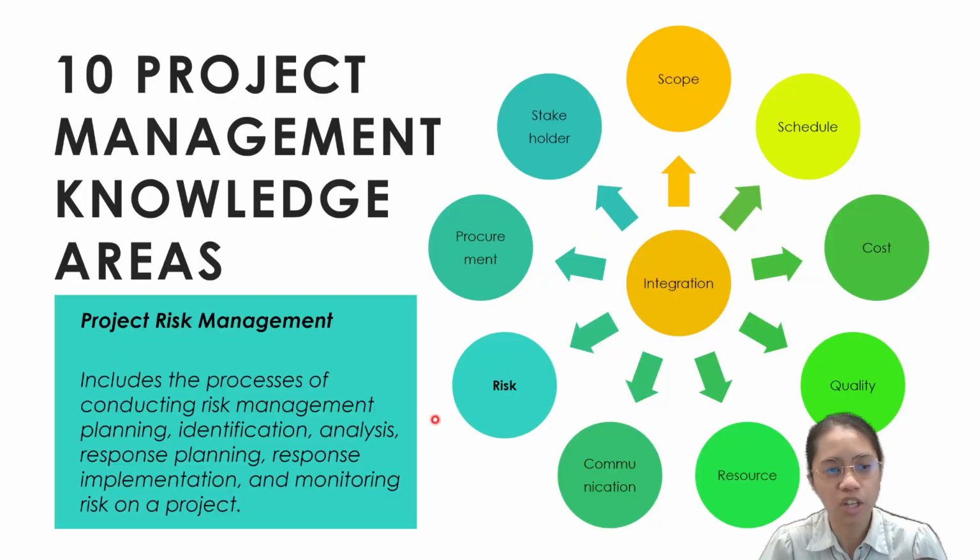Next, project risk management. This includes the processes of conducting risk management planning, identification, analysis, response planning, response implementation, and monitoring risk on a project. It is a fact that anywhere has risk, also in construction.